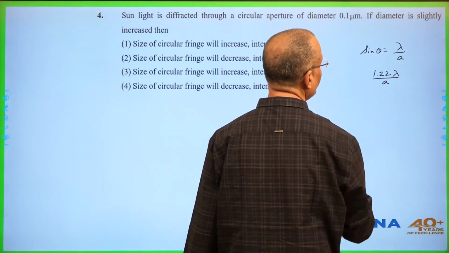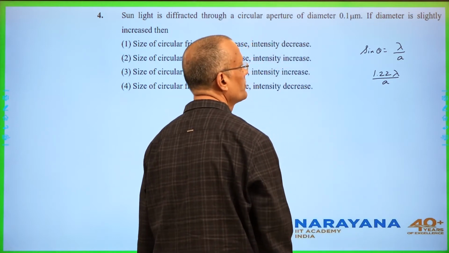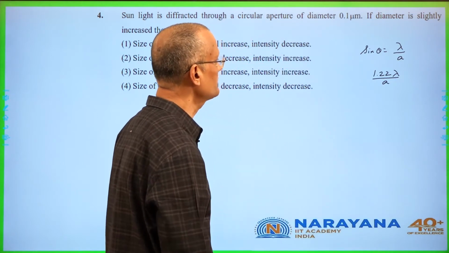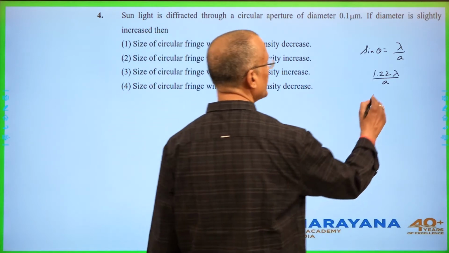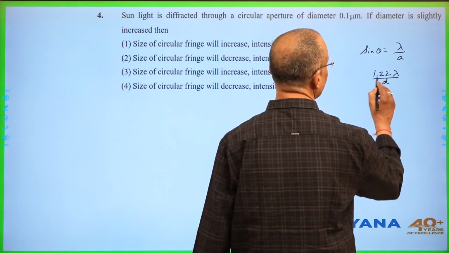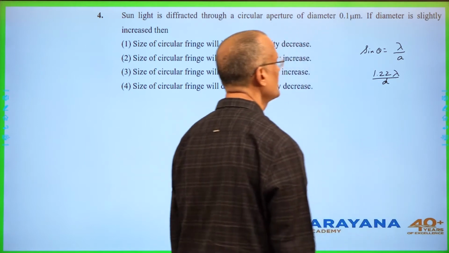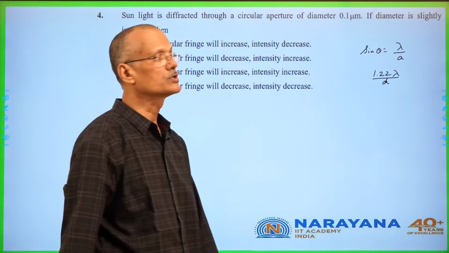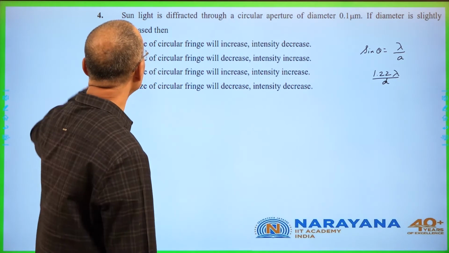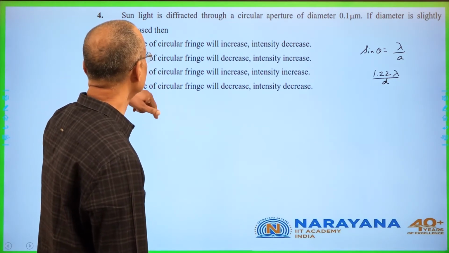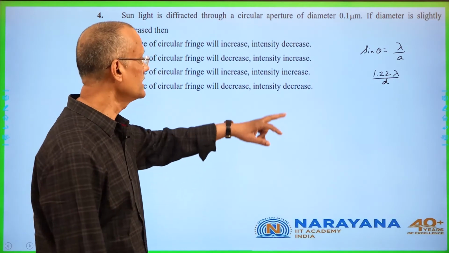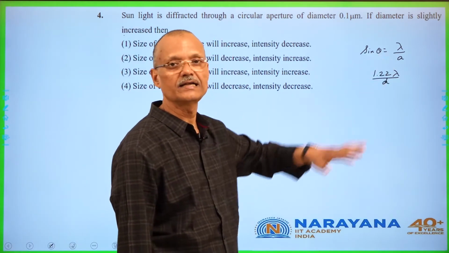By any way you take it, theta is inversely proportional to either the width of the slit, or if you take D as the diameter, it will be inversely proportional to the diameter. So when you are increasing the diameter, what will happen to the size? See, when D increases, theta decreases.